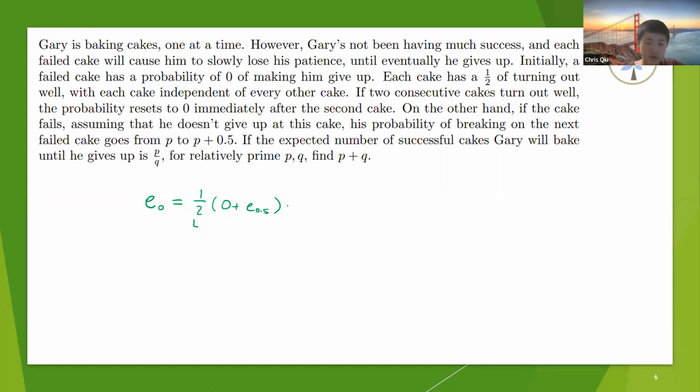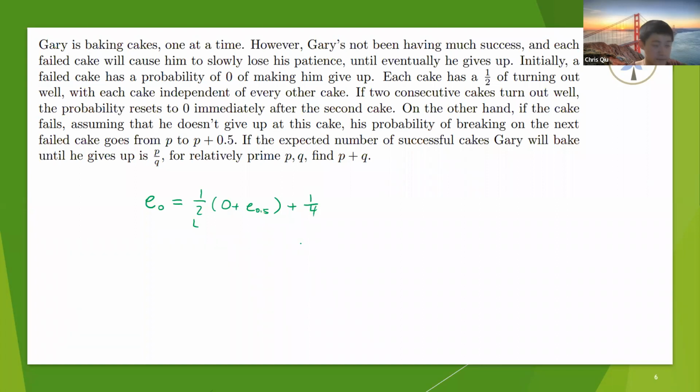And since after the first cake, which failed, his probability of breaking on the next failed cake is now 0.5, our first term is going to be 1/2 times 0 plus E 0.5.